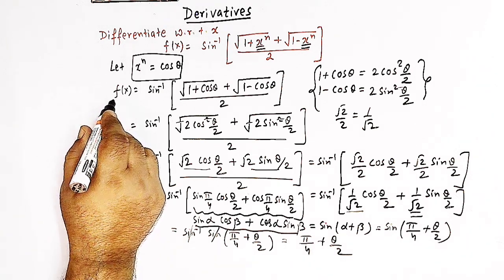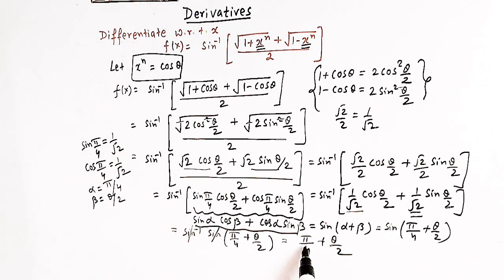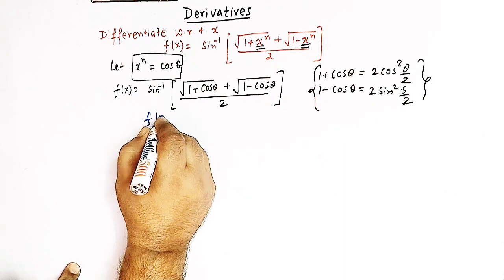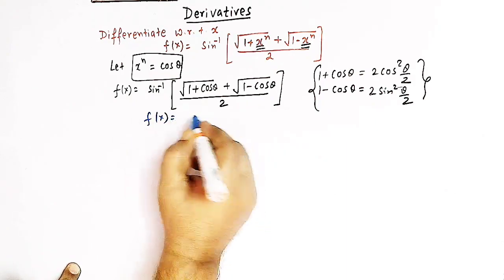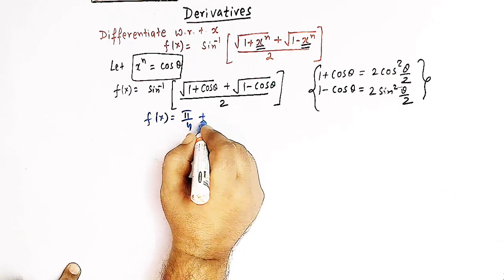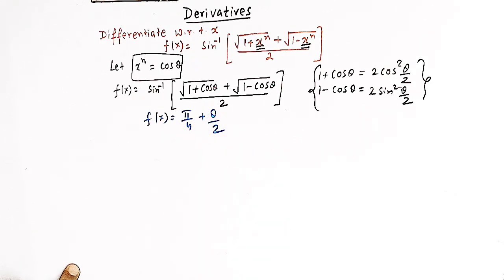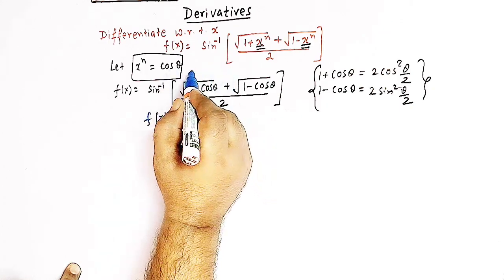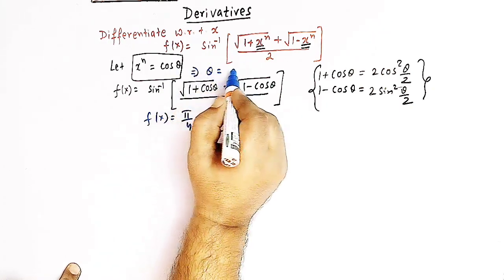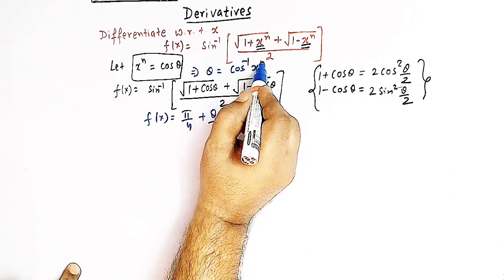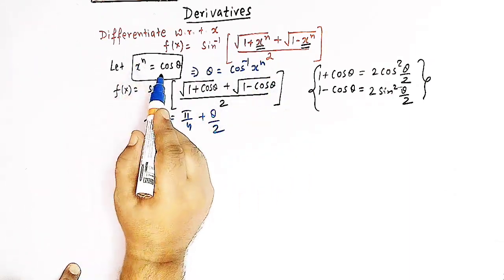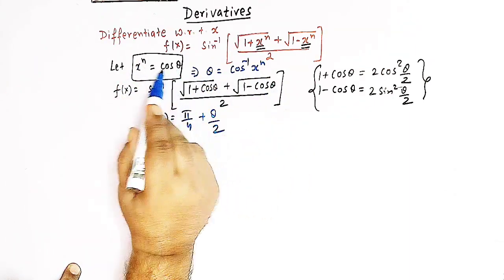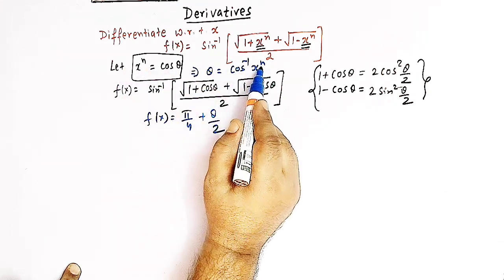So now our function f of x is equal to pi by 4 plus theta by 2. Now let us replace this theta by cos inverse x raised to n, because when x raised to n is equal to cosine theta, then theta is equal to cos inverse x raised to n.